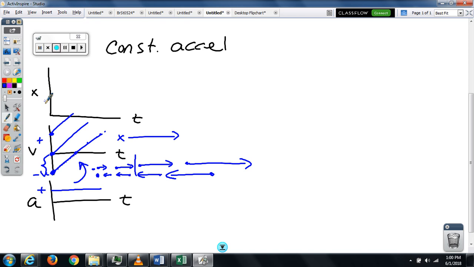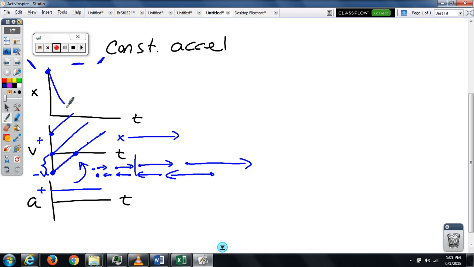Now, this one, we're moving in a negative direction first, so I might want to place this up here. And we're starting off fast and negative, so the tangent line should be steep but pointing downward. And over time, the slope is getting less and less until we reach this point where the slope is horizontal, and then the slope is increasing but positive.